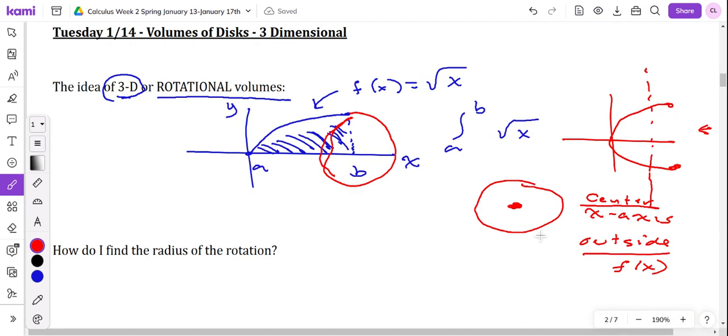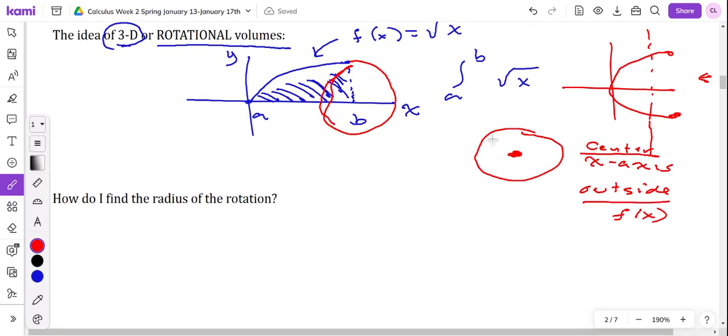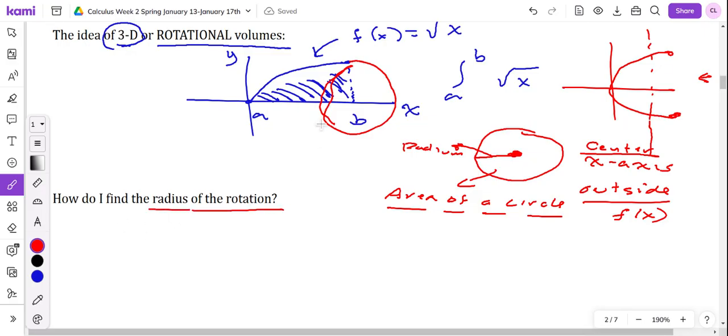So if we rotate something around the x-axis, it creates the circle. So really what we're looking at is the area of a circle. If we're looking at the area of a circle, all I need to figure out is what the radius is here. We need to figure out how to find the radius of that rotation piece. That'll be the key point for you guys right now: how do I find the radius.